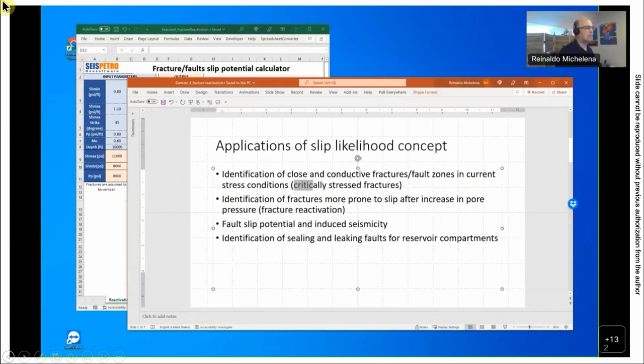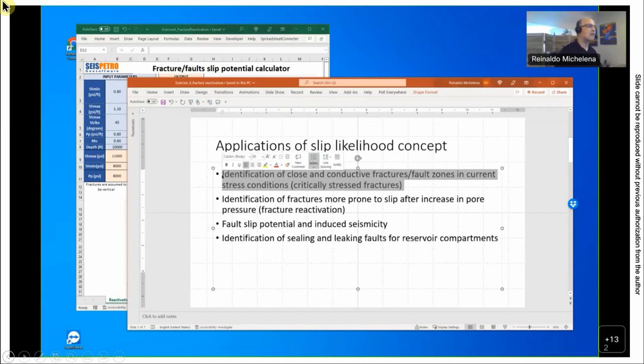It can help us identify conductive fractures or fault zones. Remember that this was the concept used in the Sumatra example, the Suban field that we discussed yesterday. So this can help identify conductive fault zones under current stress conditions. So this is the idea of critical stress fractures. Okay, we saw examples of that, and we're going to use that in the exercise.